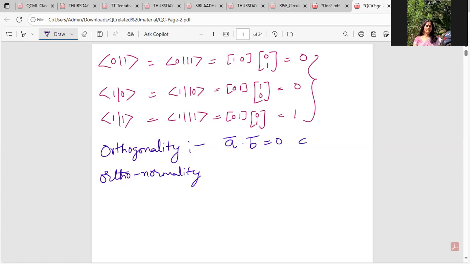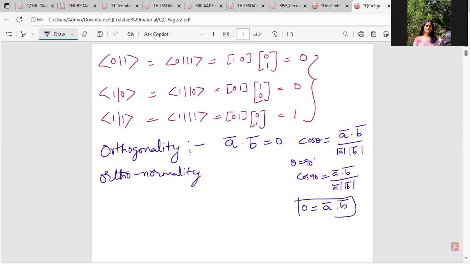The concept is very simple. Usually, the angle between two vectors I'll be measuring using cos theta, which is A bar dot B bar by modulus of A bar, modulus of B bar. Now, if they are orthogonal, then theta would be 90 degrees. If I put theta equal to 90 degrees, cos 90 is equal to A bar dot B bar by mod A bar mod B bar. Now, what is cos 90? As all of us know, it is 0. Hence, I'll be having A bar dot B bar is equal to 0. So, this is what is orthogonality.